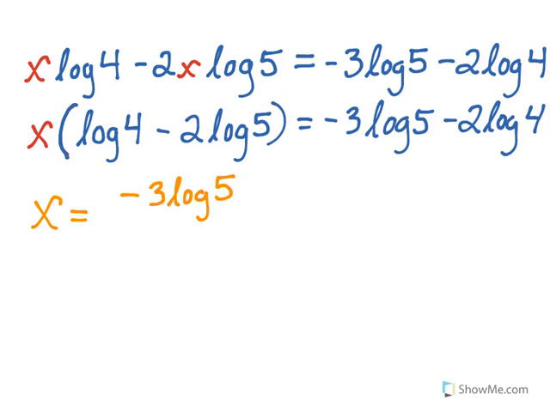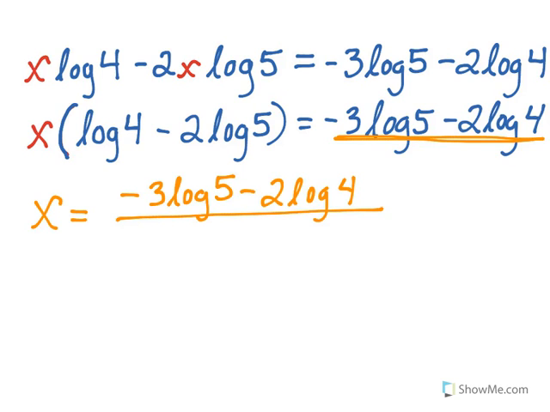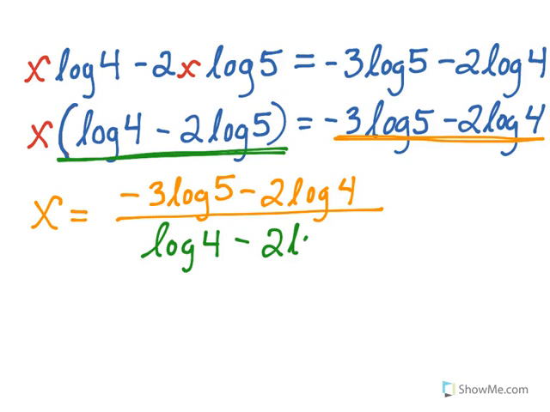So I'm copying down the right-hand side of the equation, and I'm going to divide it by the parentheses, this part right here. This is being divided over to the other side. So I'm dividing by log 4 minus 2 log 5. Okay? Now that's our exact value answer, as crazy as it looks.